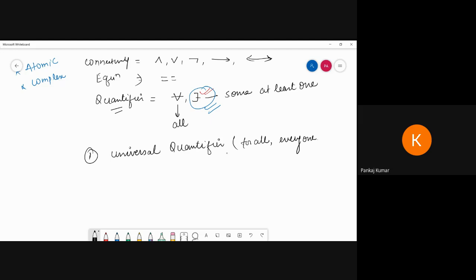That is the meaning of universal quantifier, everything. The second one we can call the existential quantifier, which is called for some. Not all, but for some, or we can say at least one. At least one. Okay, so these things are going to be used.